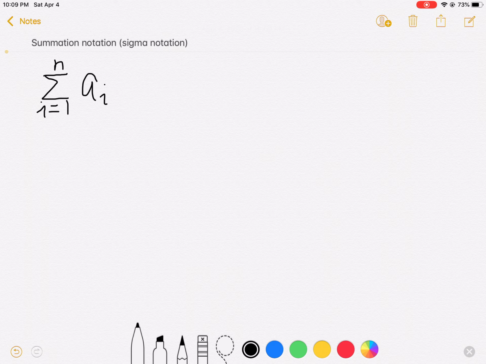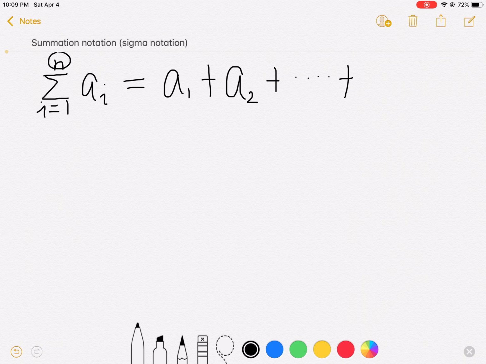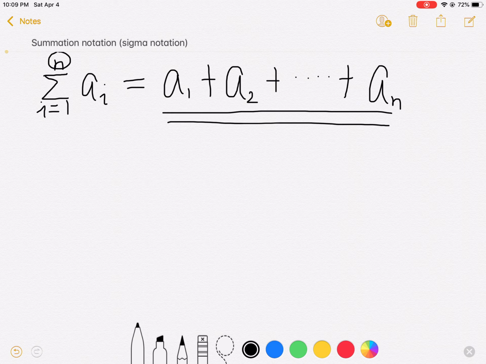We use this symbol to denote a sum of several terms, n terms: when i equals 1, a sub i becomes a sub 1, plus when i equals 2, a sub 2, then continue, i equals 3, and the last term is i equals n, so here is a sub n. So this is the sum of n terms. We use this symbol to denote this sum.